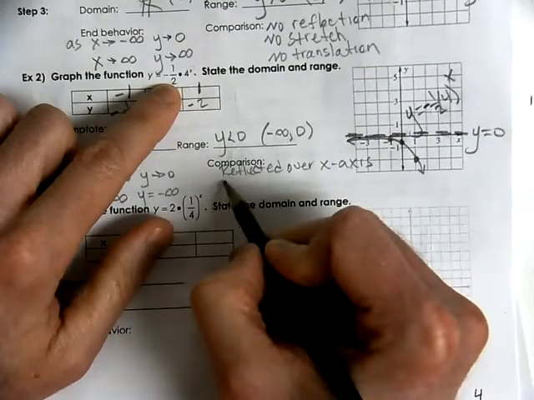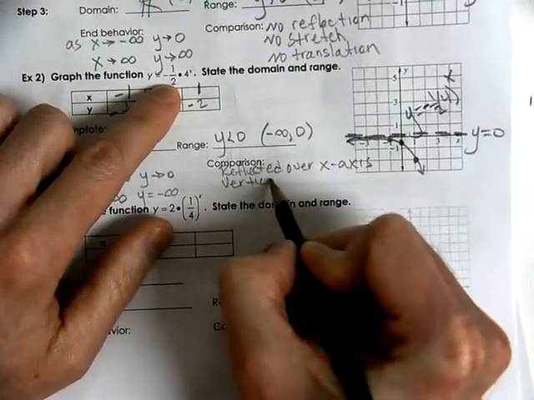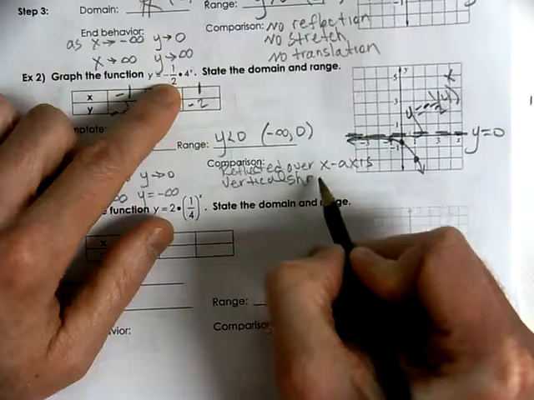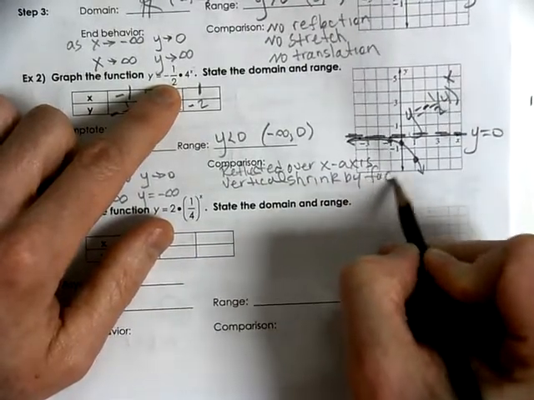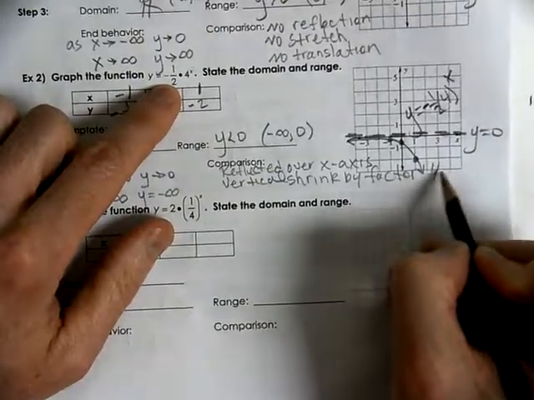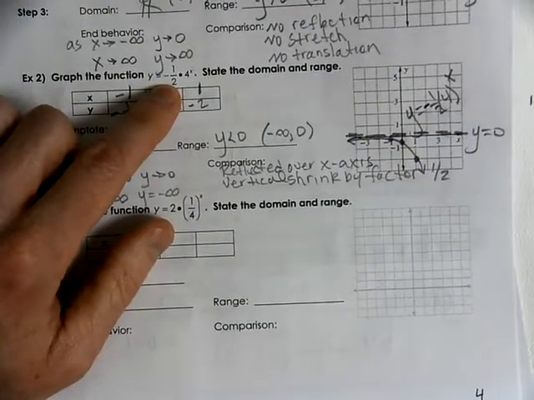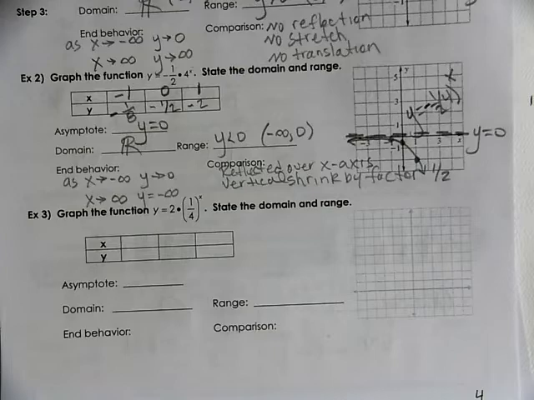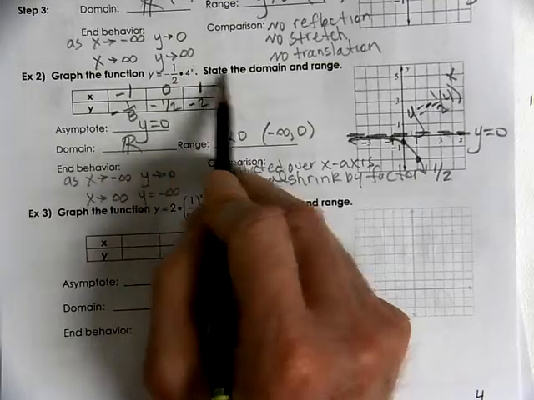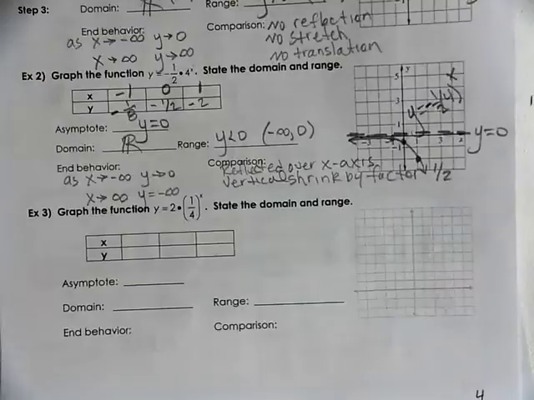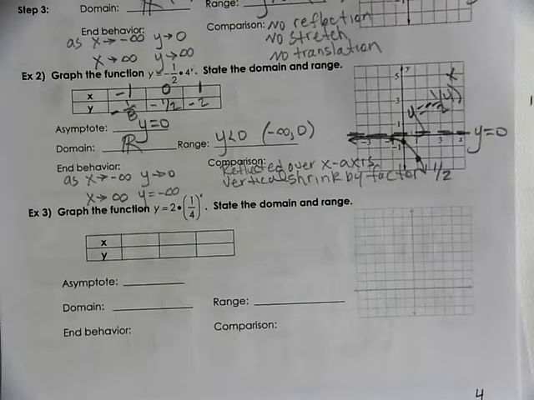We have the half, which is a vertical shrink by factor 1/2. There is no translation yet. We don't have a number next to the x or a number after the whole function. We don't have an h or a k.